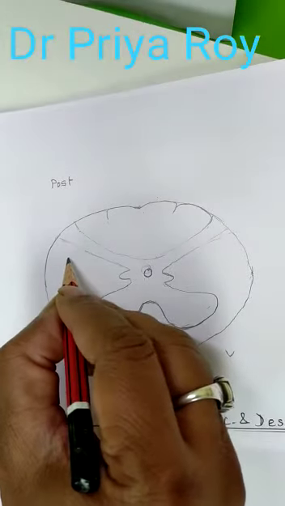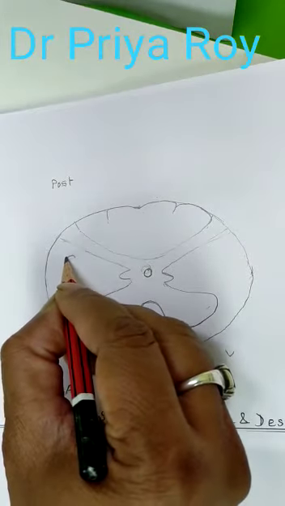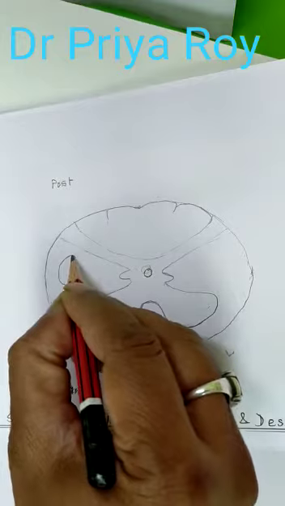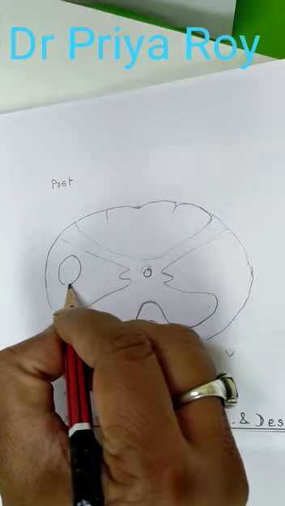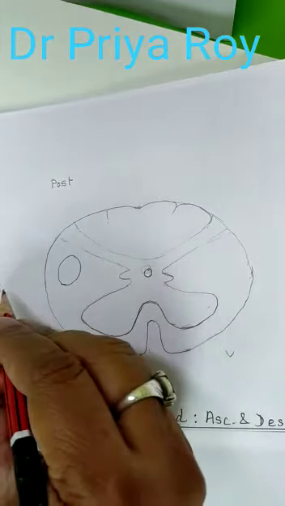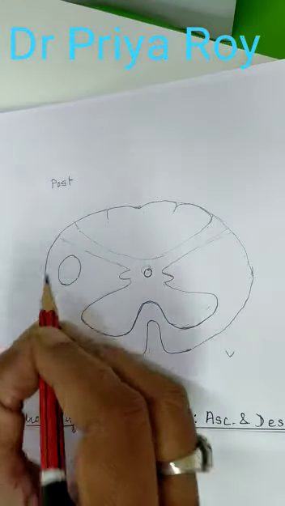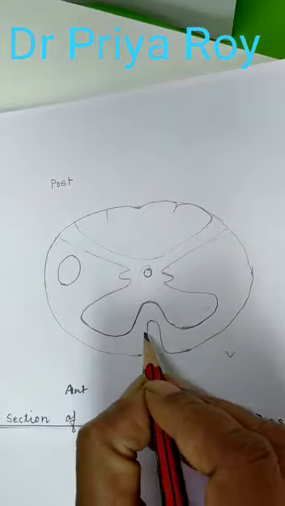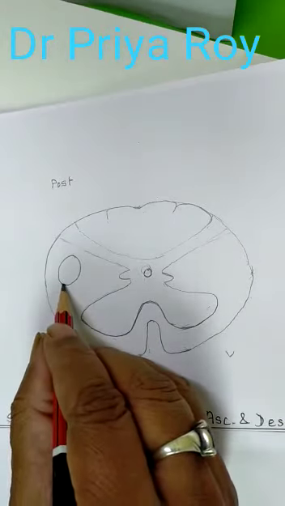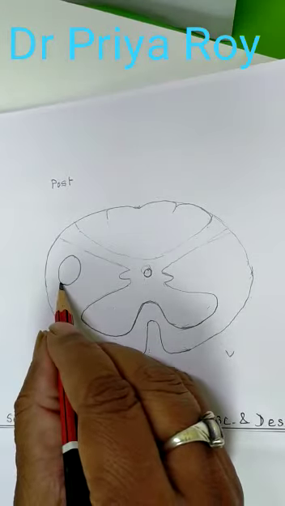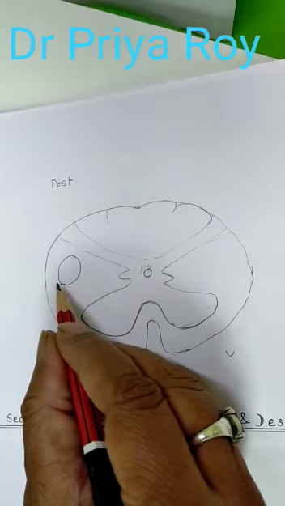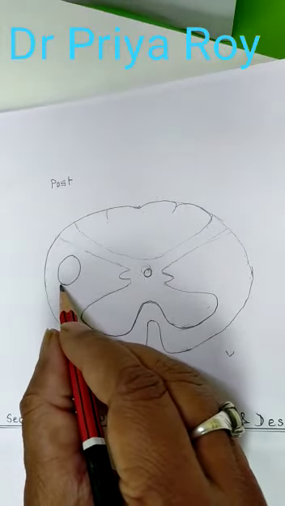In the pyramidal tract, I will put the lateral corticospinal tract in the lateral column. Very easy. These fibers are 80% crossed, coming from the pyramidal cells of the cortex and crossing at the pyramid of the medulla.